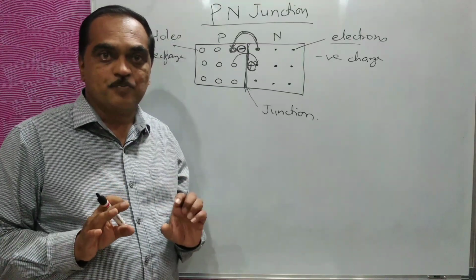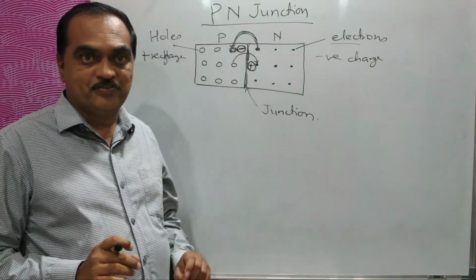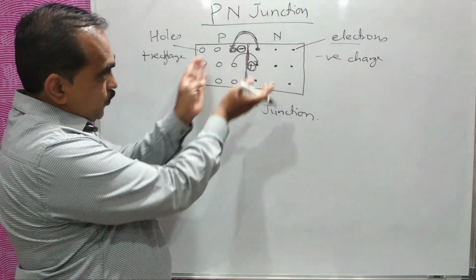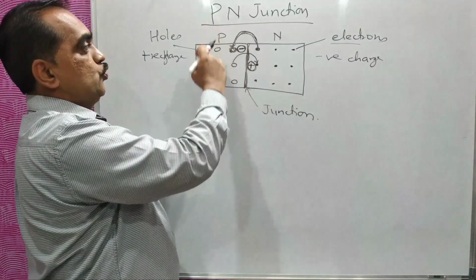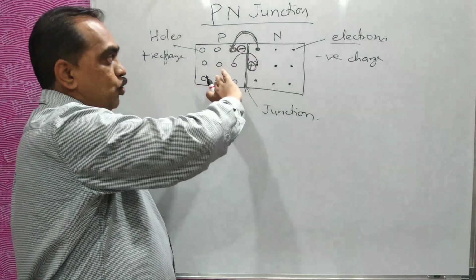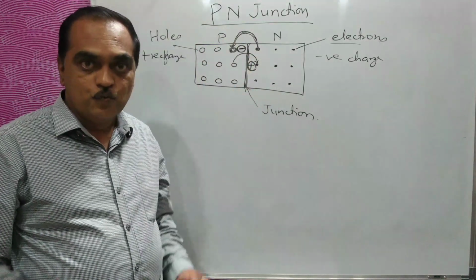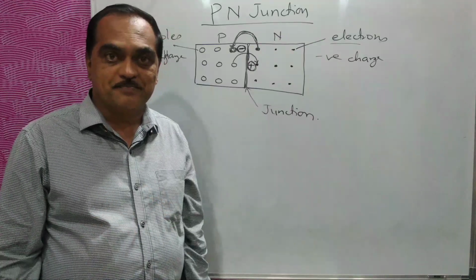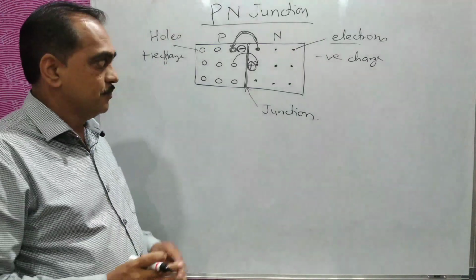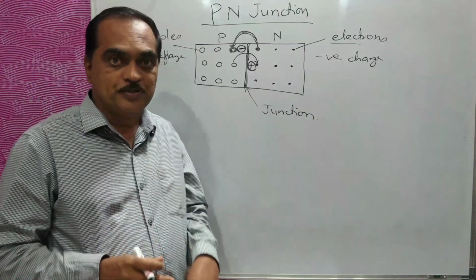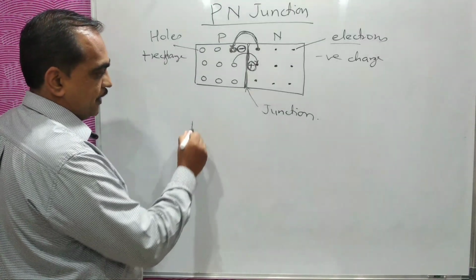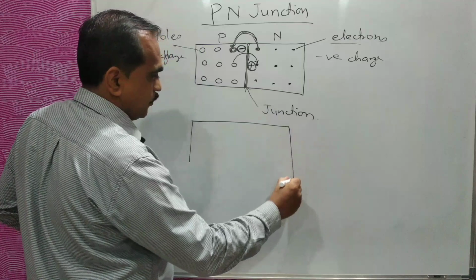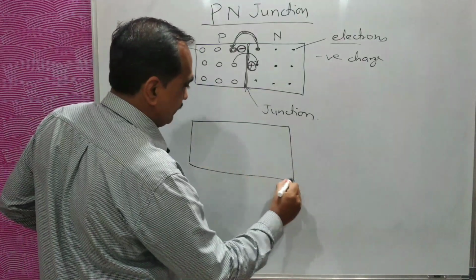This crossover of electrons to the P side and holes to the N side will take place for some time, and after some time it will saturate and stop. Your PN junction will look like this.